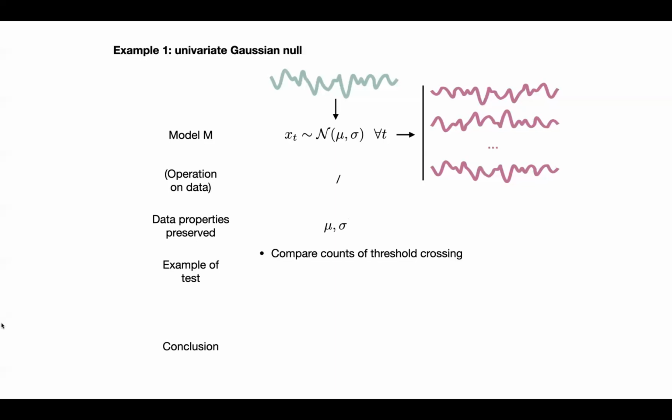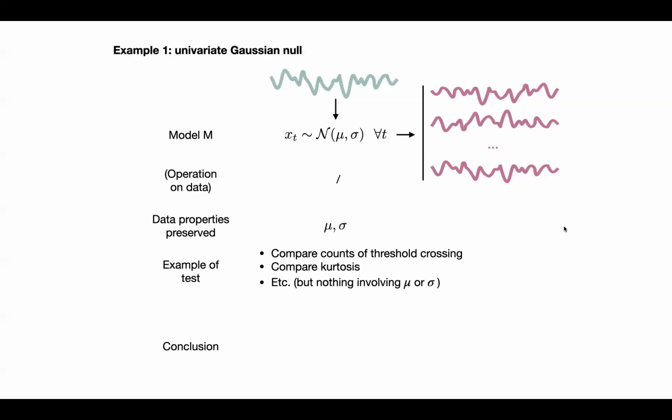Okay. So you could, for example, compare counts of threshold crossing. You define a line here and you count the number of times the curve crosses the line, and you compare it to the same metric evaluated from the surrogate data. That's one valid metric. You could compare kurtosis.